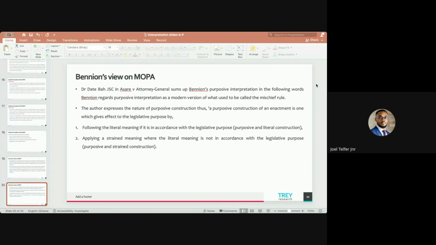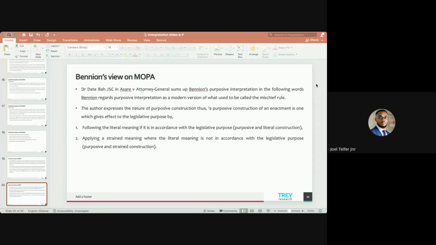But when you are doing the primary task of determining the objective and subjective purpose, you are looking at it at the time of enactment, because you are trying to establish that the words better reflect the intention of the lawmaker at the time he made the enactment. But after you have crossed that bridge, your interpretation must also be in tandem with the general idea that underlines the Interpretation Act, which enjoins us to ensure a creative development of the law.